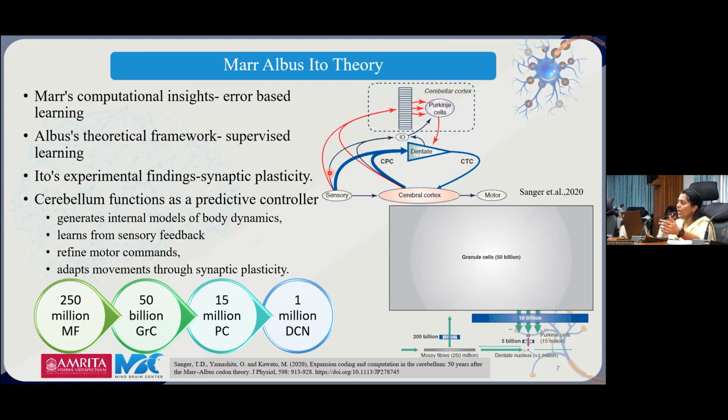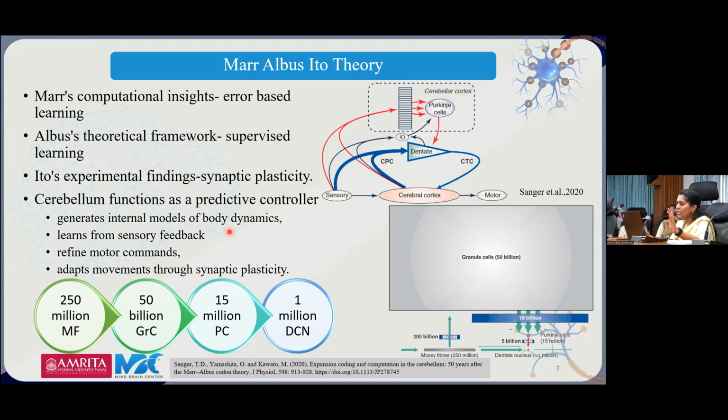After this we have come up with different discoveries also, but we have not attempted to change or modify the Marr-Albus-Ito theory. In general, cerebellar function can be considered as a predictive controller, which could generate an internal model of the body dynamics. Based on the sensory feedback, it can learn and refine the motor commands as well as adapt the synaptic junctions.